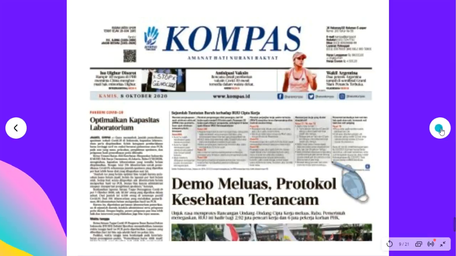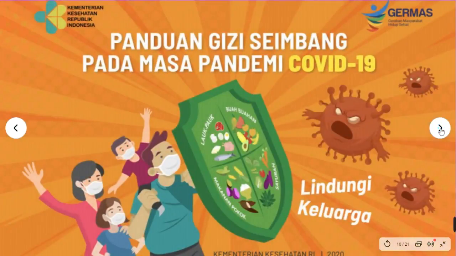We can also see from this text. Okay, this is taken from the Health Ministry, a kind of manual or guidance for people in this pandemic situation. At one glance, there is nothing wrong with this text, it's just like ads, but you can also think about other aspects.